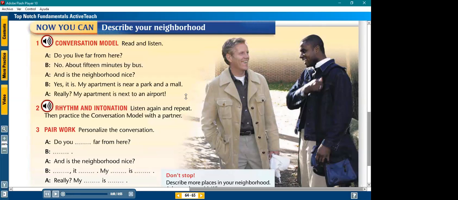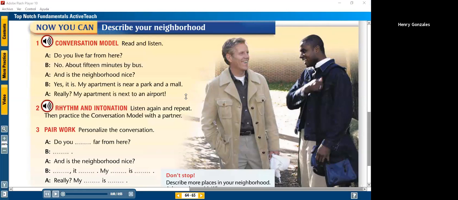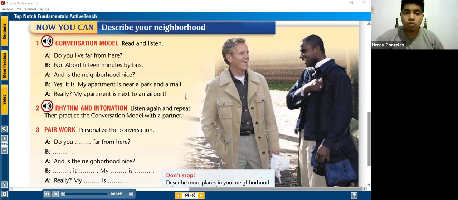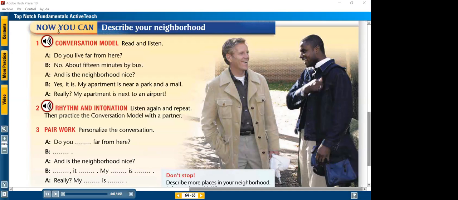Okay, yes, teacher. Here is Juan. Okay, Juan and Maigua. So let's start with you. Come on, you can start. Pueden empezar. Okay. Do you work far from here? No, about 25 minutes by bus.